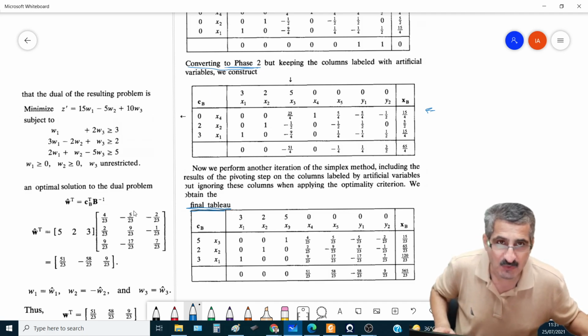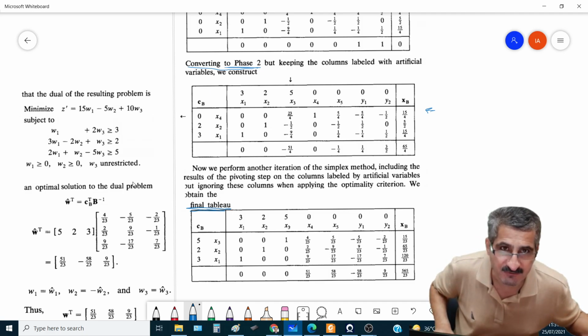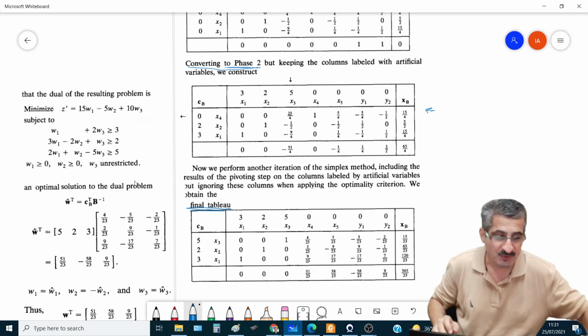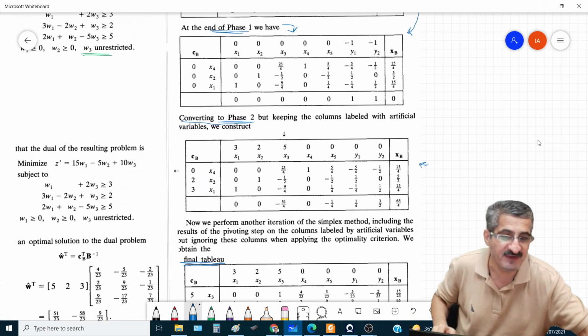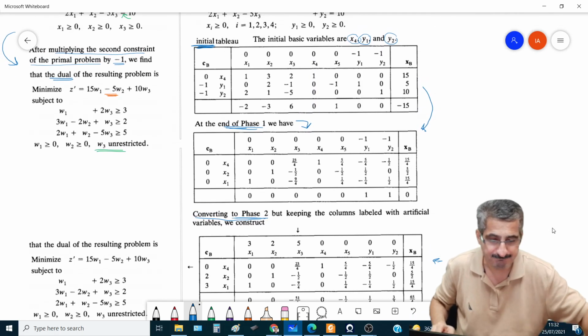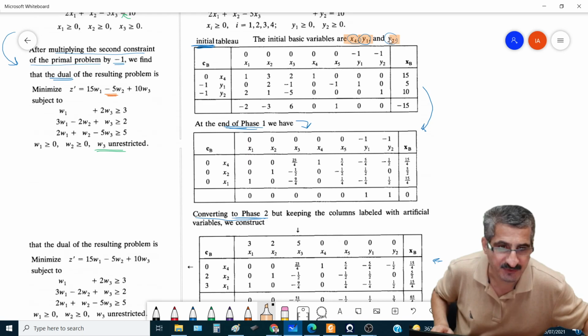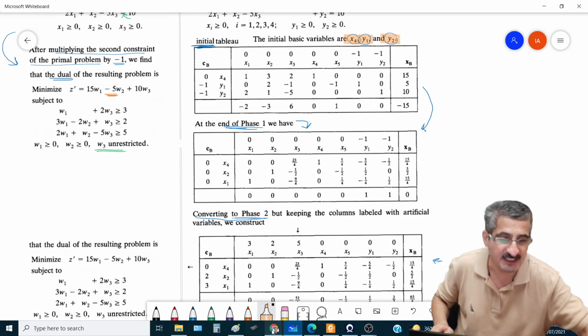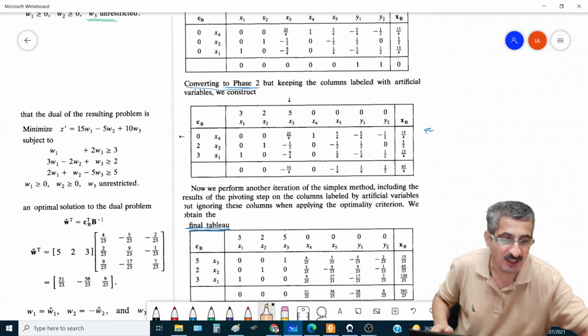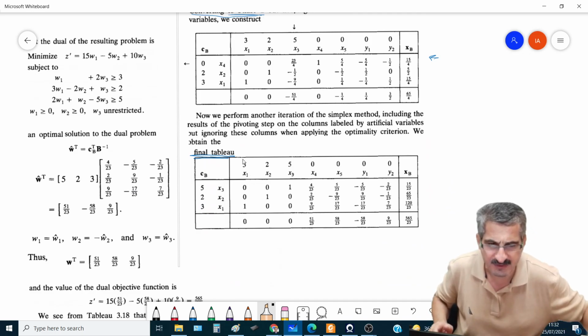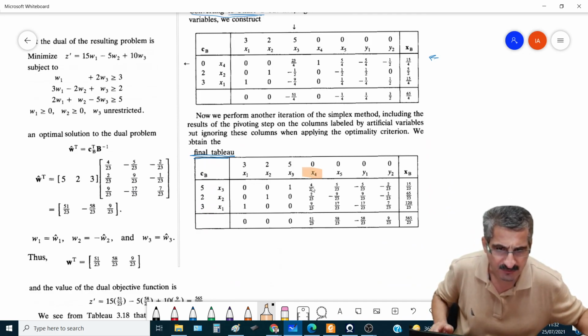Okay. Now we go on to get the B inverse. The B inverse says what? You go to the basic variables at the beginning, x4, y1, y2, and take the columns under them in the final table. For x4, we will take this. For y1, we will take that.